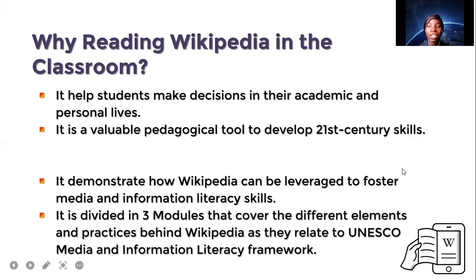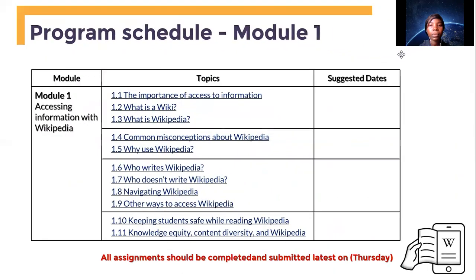Like I said initially, the Reading Wikipedia in the Classroom program is divided into 3 modules that cover the different elements and practices behind Wikipedia as they relate to the UNESCO Media and Information Literacy framework, which includes assessing, understanding, and creating information. Module 1 talks about assessing information with Wikipedia.